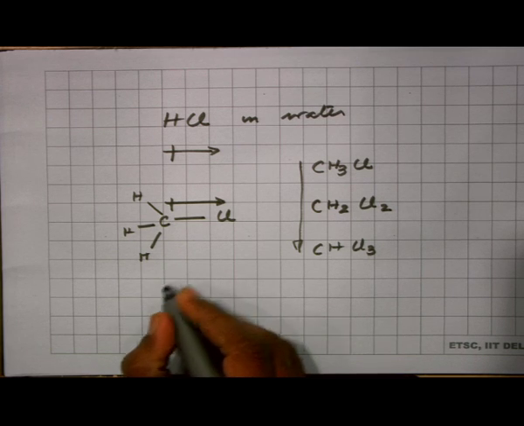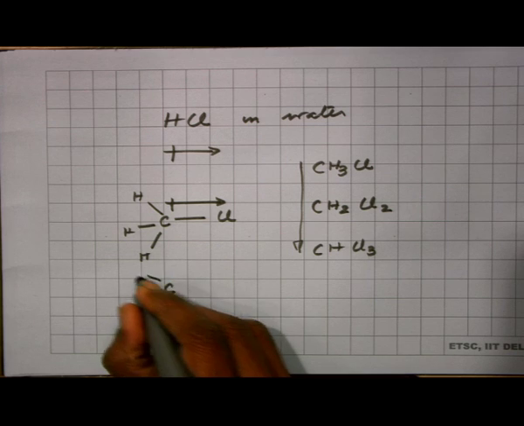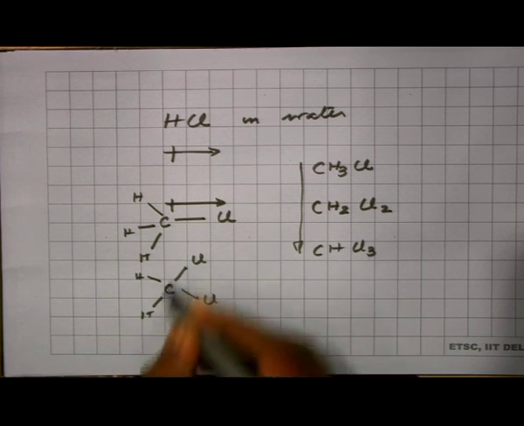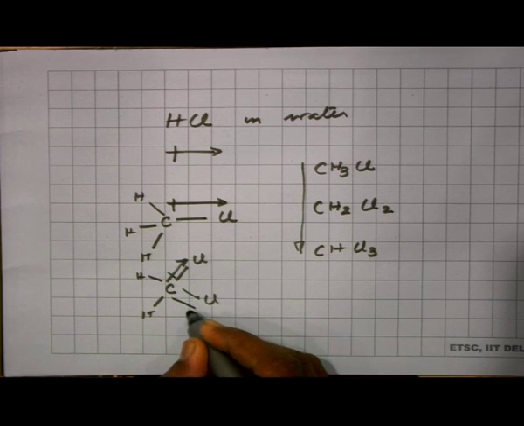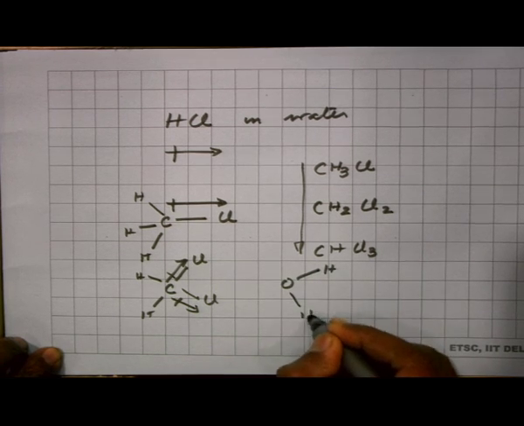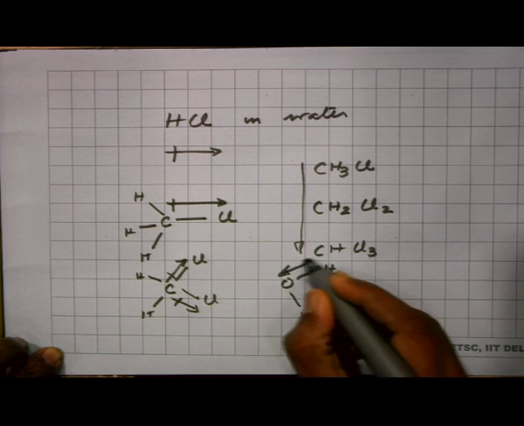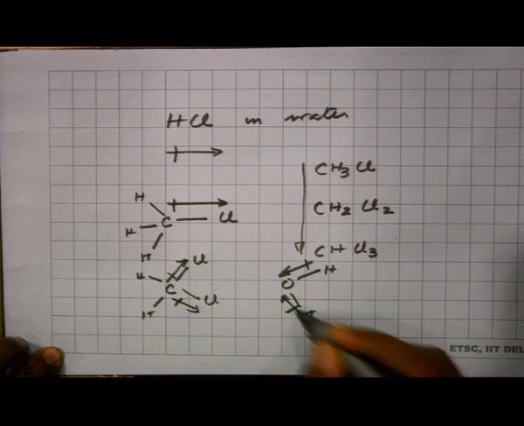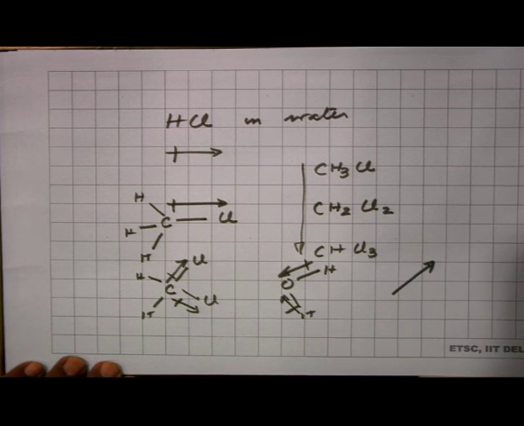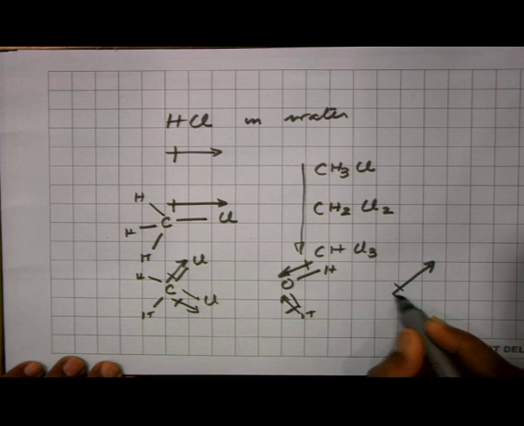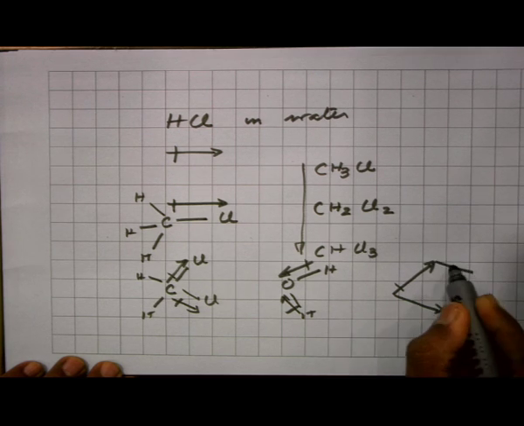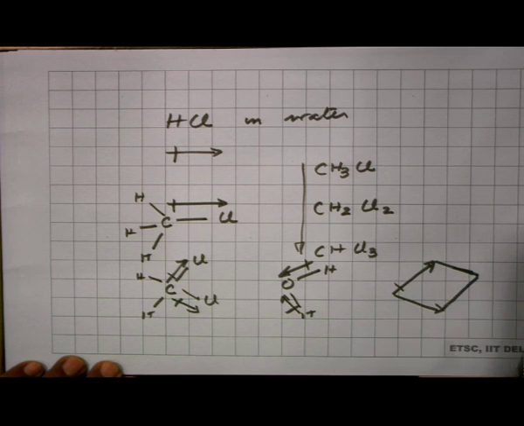Now, if you have CH2Cl2, then you have two dipoles oriented like this, as in the case of water. So, in this situation, you have two dipoles, one oriented this way, another dipole oriented that way, and the resultant would be from the parallelogram law.